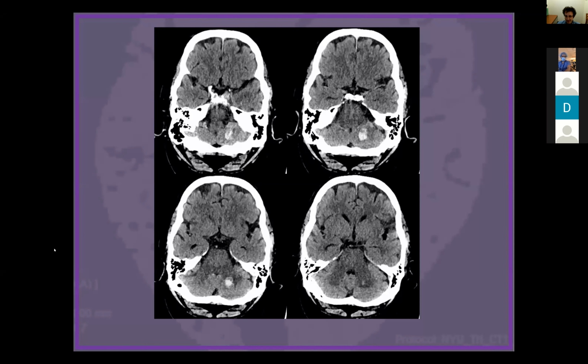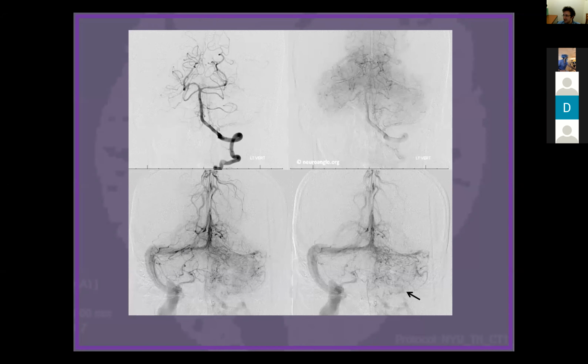Okay. So again, this is just a couple of examples, and we've kind of been getting to that already. Here's this person. Here is the angiogram of this individual. You see arterial, venous phases.